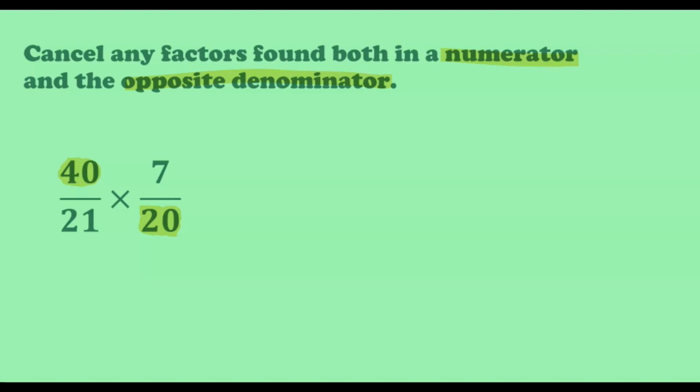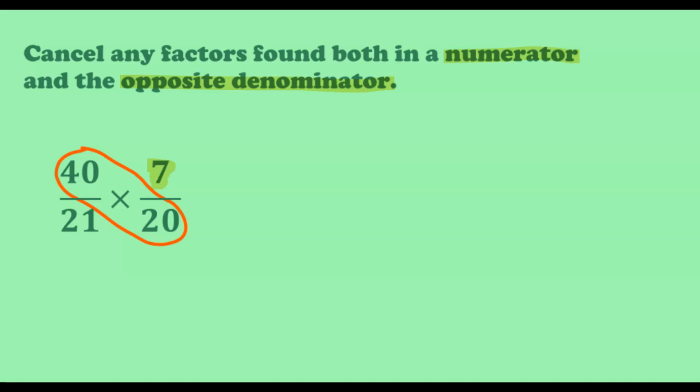And we're going to cancel any factors found in both of these numbers. So what we're actually doing is looking for a common factor along this diagonal. Next, we're going to consider the other numerator and the opposite denominator. That is, the numerator for the second fraction, which is 7.